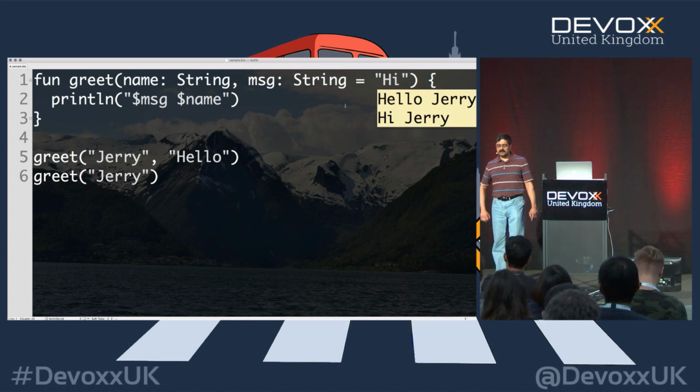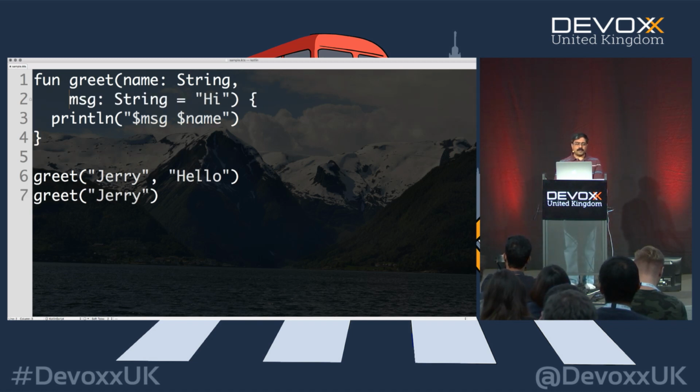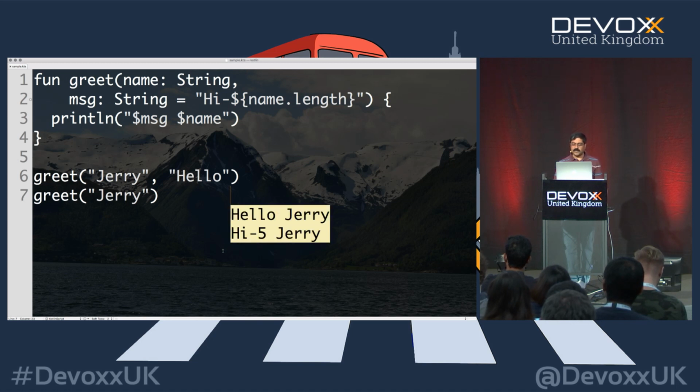But even better, one of the nice features is that the default parameters can actually depend on previous parameters as well. So in this case, I'm going to say name.length, if you will, and this is how you can say a high five to Jerry if you wanted to.